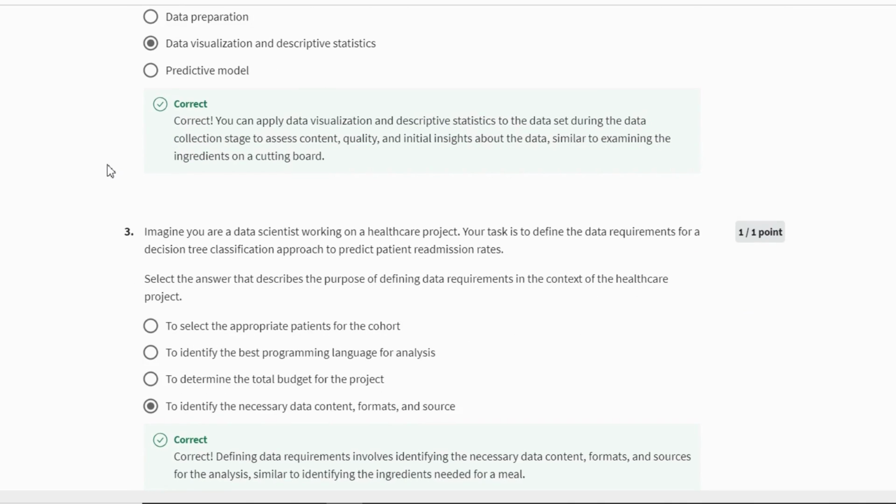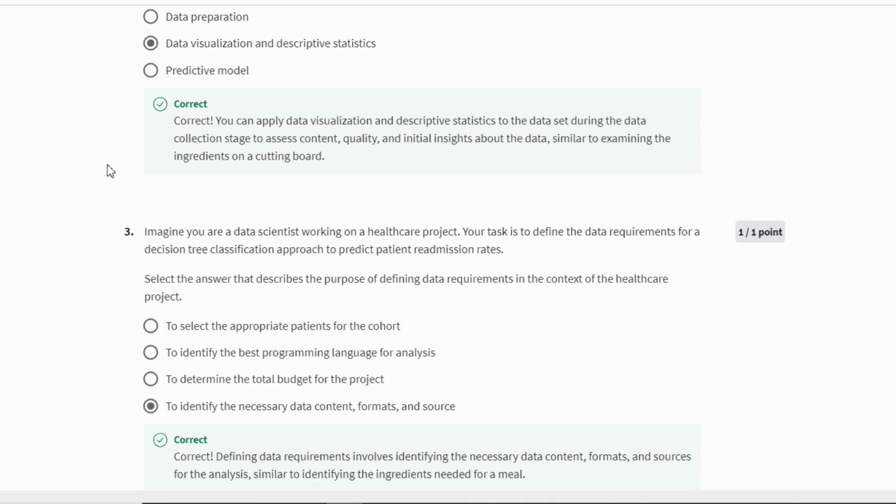Third, imagine you are a data scientist working on a healthcare product. Your task is to define the data requirements for a decision tree classification approach to predict patient readmission rates. Select the answer that describes the purpose of defining data requirements in the context of the healthcare project. So why is it important to have the data requirements? It is important for the analysis part. It is important for non-bias also.